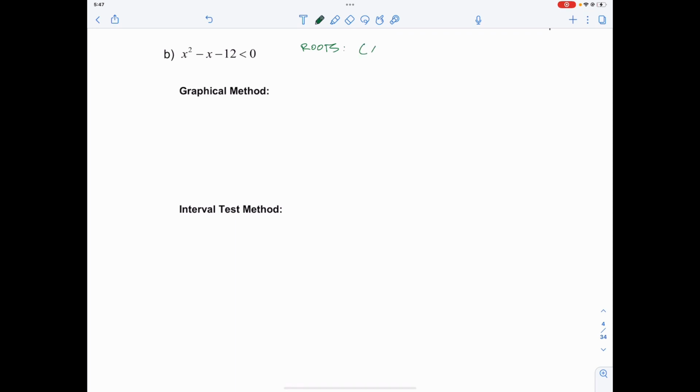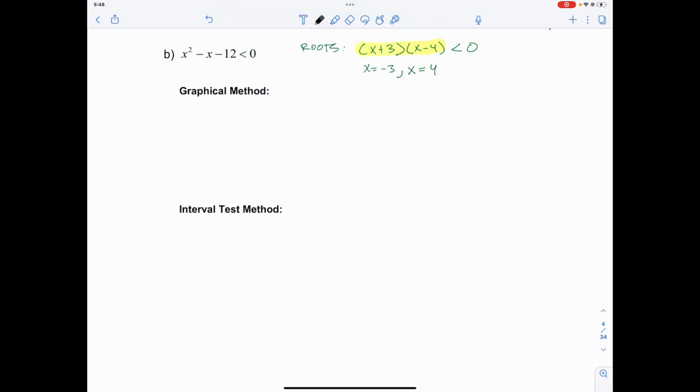So I'm going to factor it to x plus 3 and x minus 4 is less than 0. The roots of the left-hand side here are going to be x is equal to negative 3 and x is equal to positive 4.